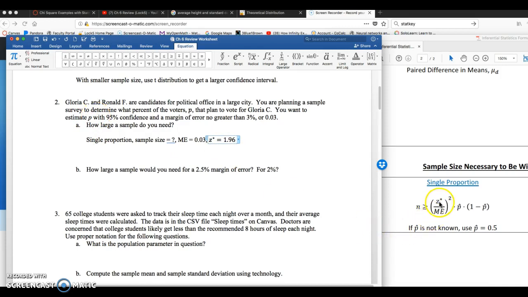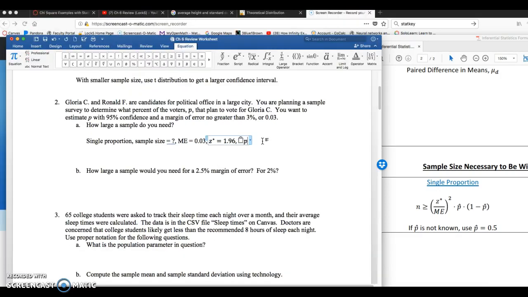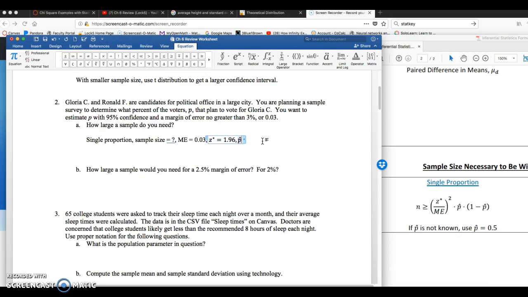So we've got z star, I've got the margin of error, but we're not given a p hat. We don't know anything about a previous sample or previous data. So don't forget, if p hat is not known, we're going to use 0.5. So p is going to be equal to 0.5.